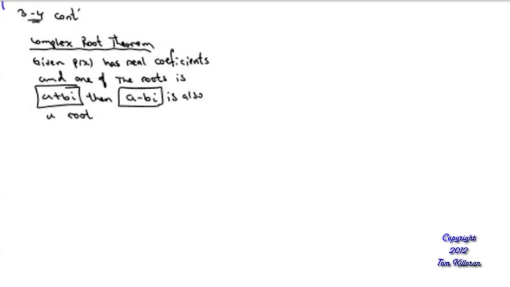What are those two called? Conjugates. So if you have a complex or imaginary root, the other one is its conjugate automatically. Which is kind of neat.